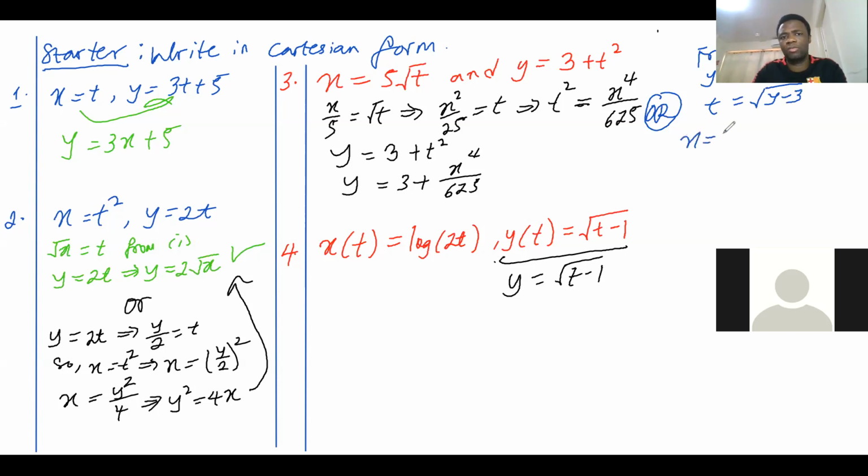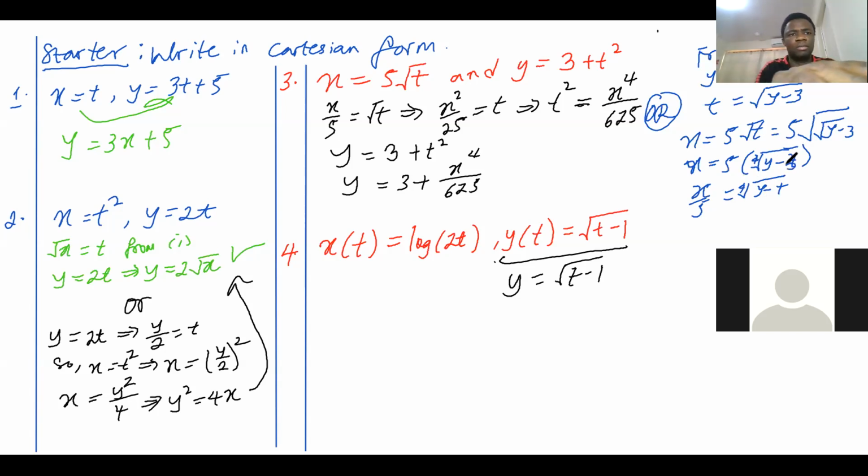So x equals 5 root t means x equals 5 roots. That's what it's talking about. Okay? And the square root of a square root is just the fourth root. So basically 5 fourth roots of y minus 3. Because it doesn't really look nice, we could say x over 5 is the fourth root of y minus 3.